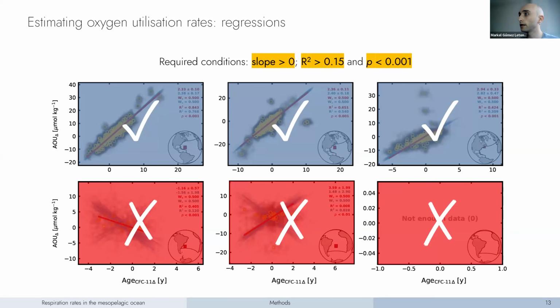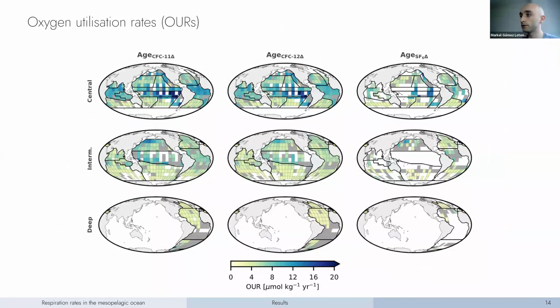So basically, the result of applying all this approach to the global dataset is shown here, which is the main figure that summarizes the results. Again, I have grouped the results based on the location of the water mass. So the central water masses are the ones on the top row, then the intermediate water masses, and the deep water masses on the last row.